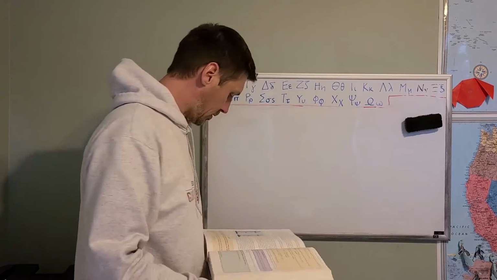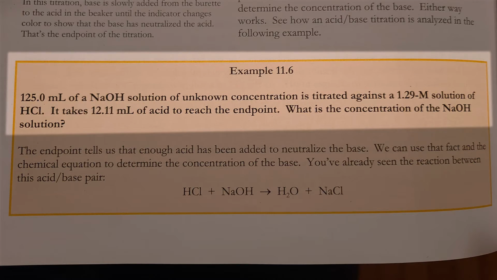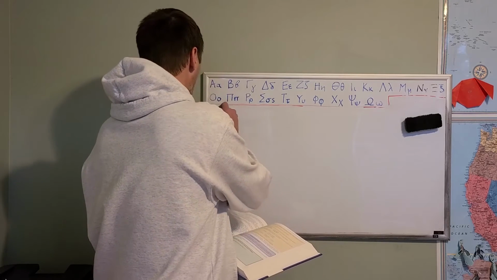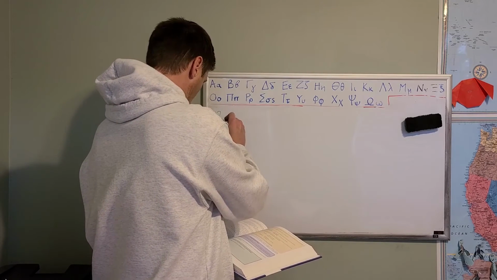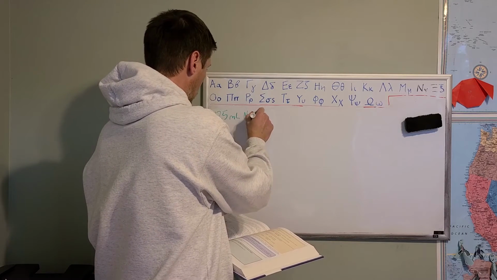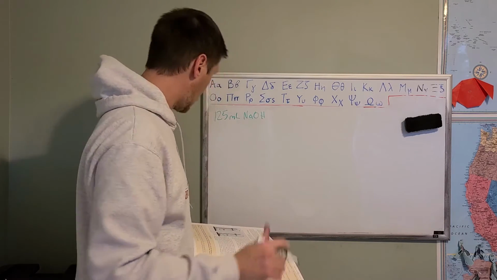And it says this: 125 milliliters of a NaOH solution of unknown concentration is titrated against a 1.29 molarity solution of HCl. It takes 12.11 milliliters of acid to reach the endpoint. What is the concentration of the NaOH solution? All right, so 125 milliliters of NaOH, unknown concentration.